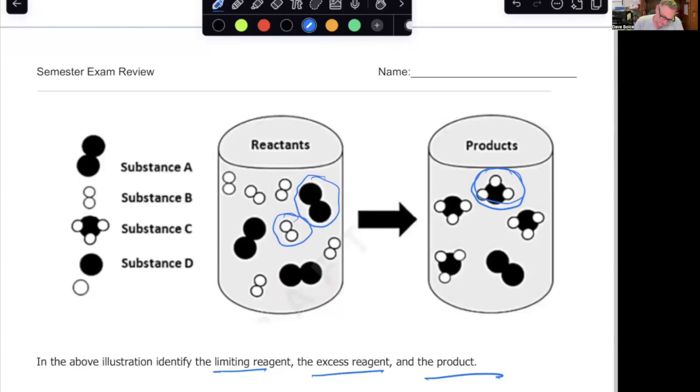Now here, substance B, notice there is no substance B in the product side. So therefore I used up all of the substance B. So that is my limiting reagent. And then right here, notice I have excess. I have more left over in the products, which meant I had more of that than I could use. So that is my excess reactant.